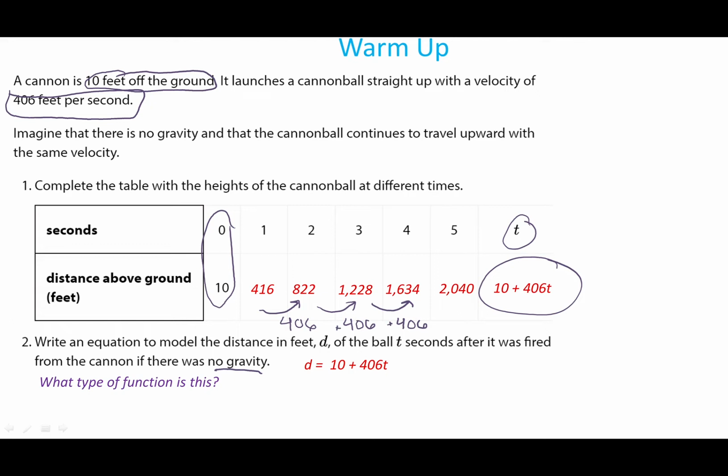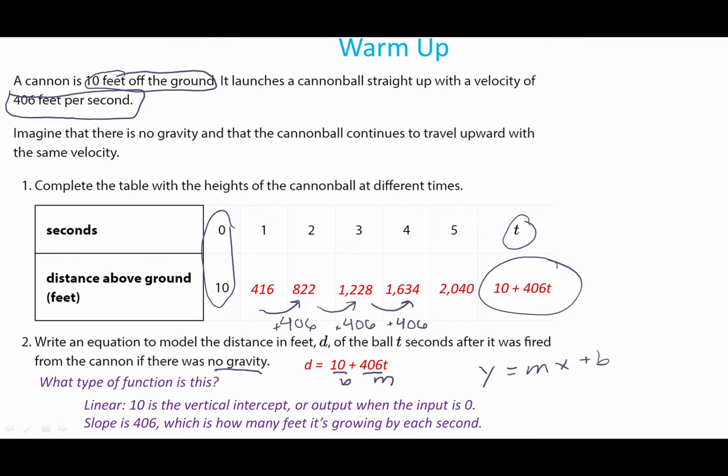From 1 second to the next, it's adding 406. So we have a linear function here, y equals mx plus b, where our 10 is the starting value and the 406 is the slope, or how our change in y, our change in distance, changes every second.